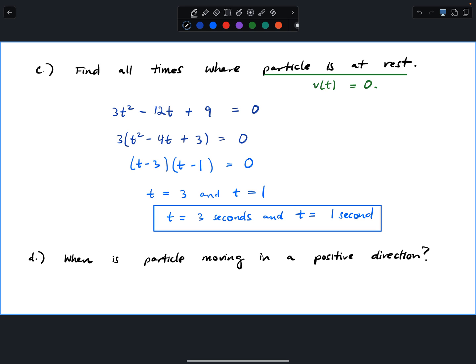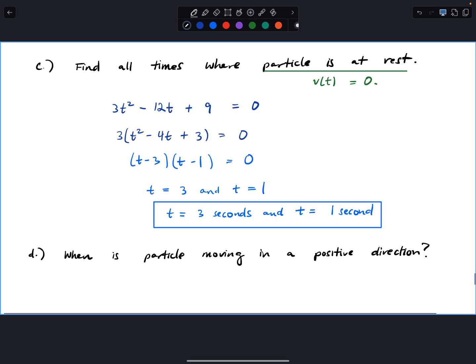Okay, pay attention to this one, because this one is important. If you go back to the directions, it says that the particle is moving along which axis? The x-axis, right? So if it's moving in a positive direction, which direction is positive on the x-axis, left to right? To the right. So where is the particle moving to the right?